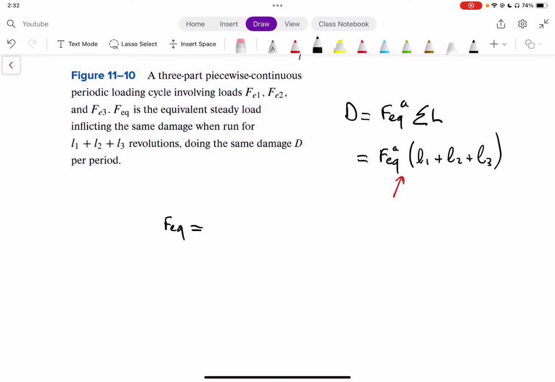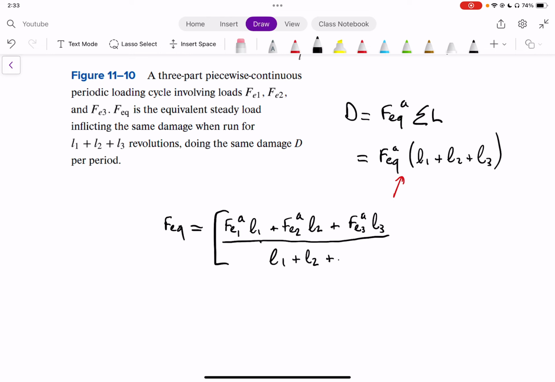So we can say that Feq is equal to Fe1 to the power of A times L1 plus Fe2 to the power of A times L2 plus Fe3 to the power of A times L3. So that would be breaking down into pieces what the damage would be. And then we can divide this all by L1 plus L2 plus L3, which would be the sum of our life. And then we raise it to the power of 1 over A, because we have to get rid of the power of A on Feq.